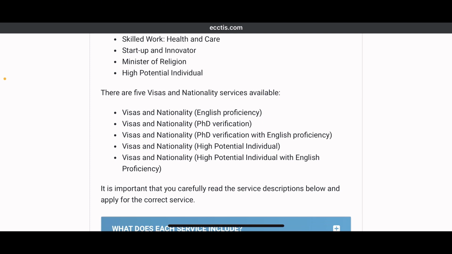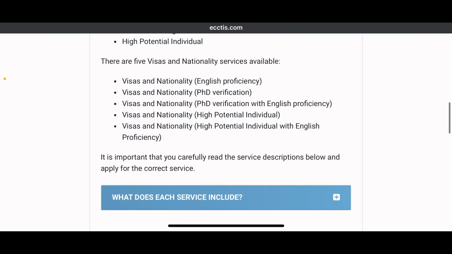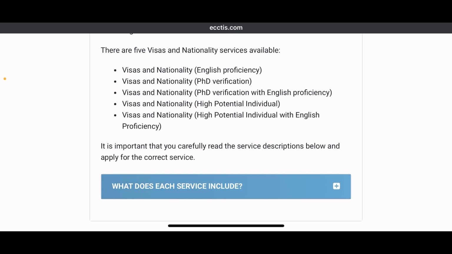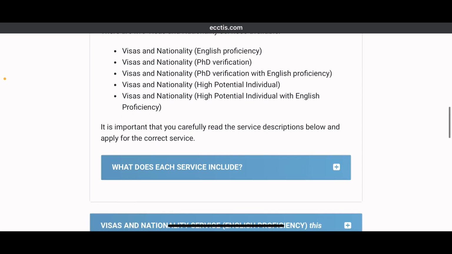Okay, there are 5 visas and nationality services available. One is visas and nationality English proficiency, visas and nationality PhD verification, visas and nationality PhD verification with English proficiency, visas and nationality high potential individual, visas and nationality high potential individual with English proficiency.